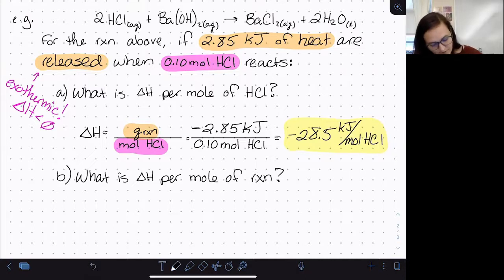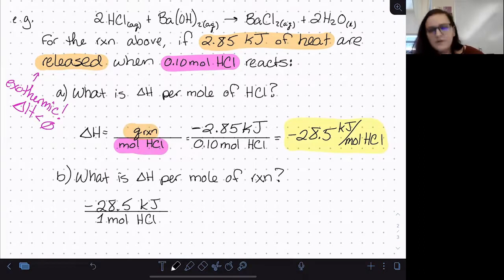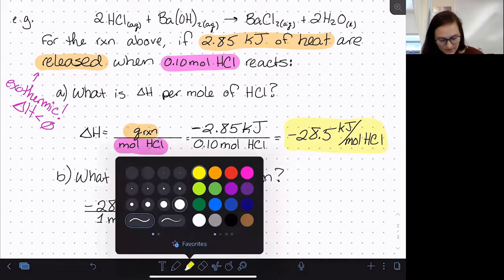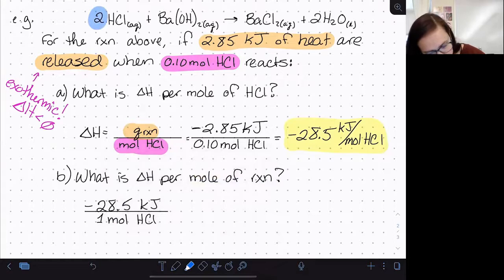So we already know that we have 28.5 kilojoules of heat released, which is why it's negative, for every 1 mole of HCl that reacts. Remember that per mole reaction just means using our coefficients as our quantities. So in our balanced reaction, we don't have 1 mole of HCl reacting, we have 2.